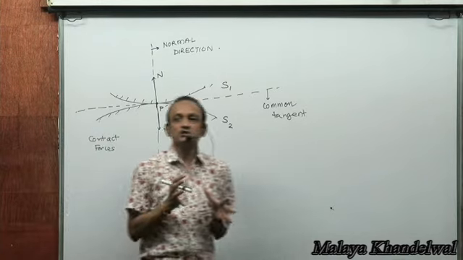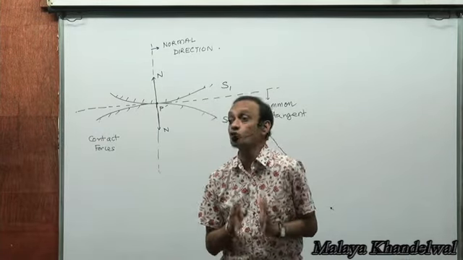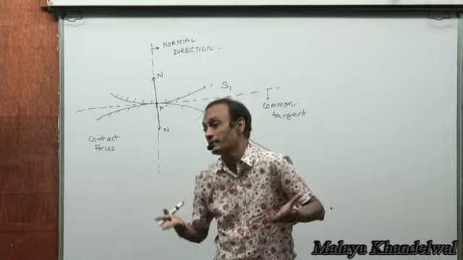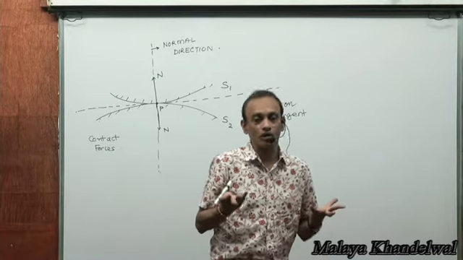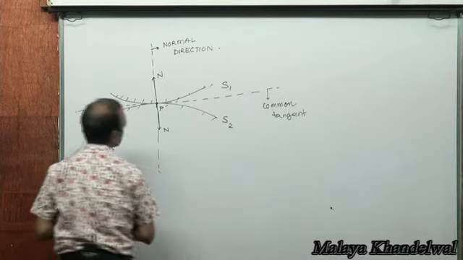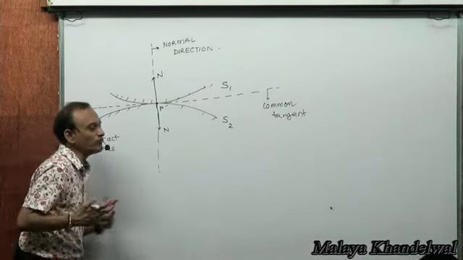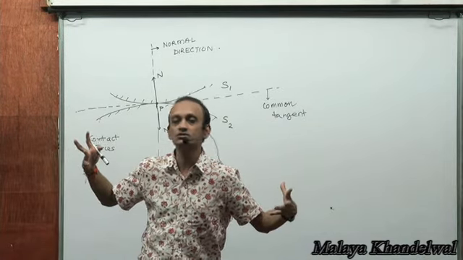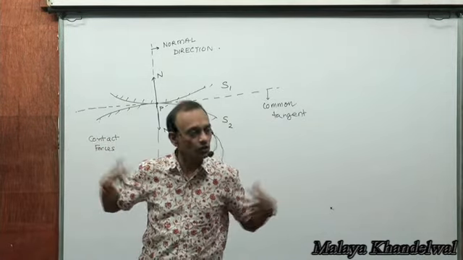Again, these normal forces are self-adjusting forces. They get accommodated based on a requirement, based on a need, right? The normal force is a consequence of the kind of motion that S1 and S2 have along their common normal direction.